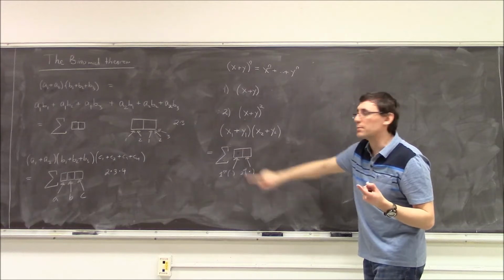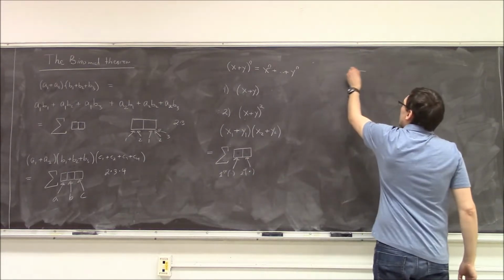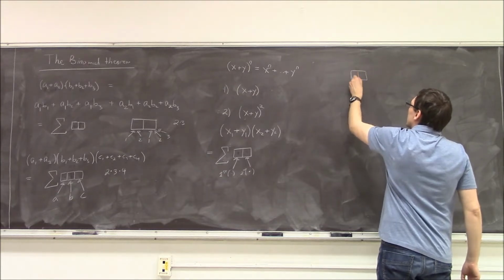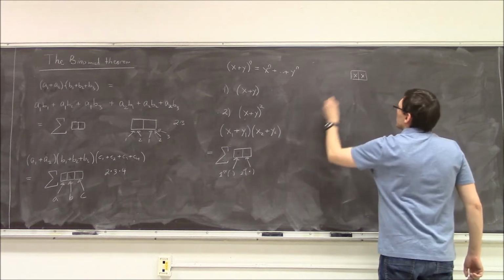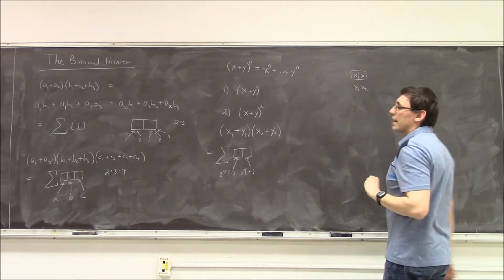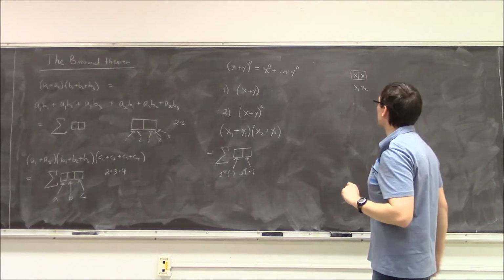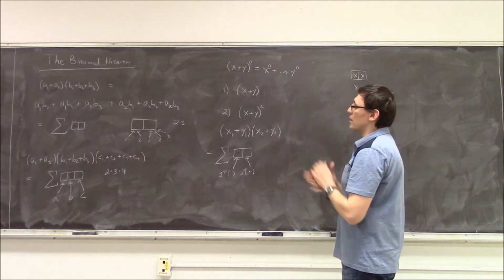Also here I either place x or y. So for example, if I have x and x, that in terms of the expansion corresponds to x1 times x2. Hopefully that's clear. So let's see what's going to happen now.